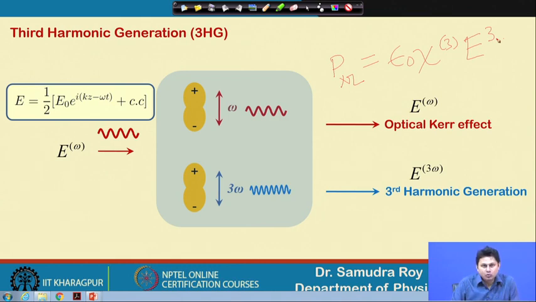So, when it is E cube, the total electric field that is launched will be cubed, and when it is cubed, then we know that there will be two different frequencies that can appear in the system. One is omega and another is 3 omega.